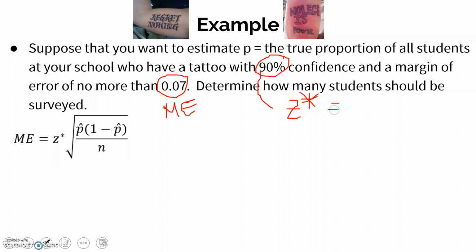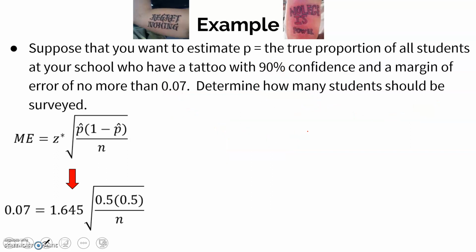So remember, on your calculator, it's inverse norm 0.90 center area, and I've already talked about how to get it on StatCrunch numerous times. So you're going to notice a 90% Z star is 1.645. All right, and since no other P hat value is given, we are going to go ahead and use a P hat of 0.5. And again, that's a conservative estimate, and that's totally fine to use when you don't know the P hat value. All right, so now we're going to plug those values in.